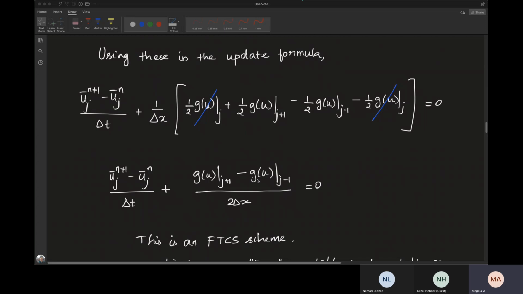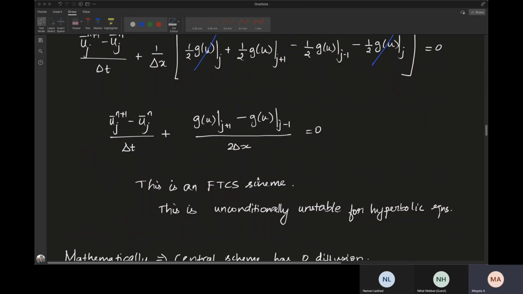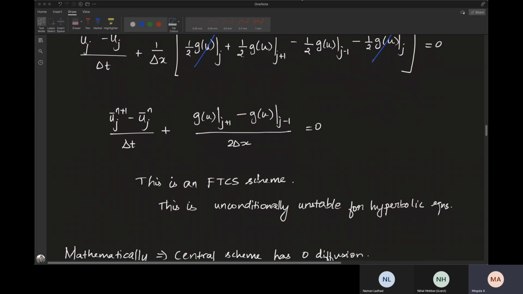Also, for the linear convection equation or any hyperbolic equation, the FTCS scheme is unstable. This is something we have seen earlier. We saw that the FTCS scheme is unconditionally unstable. That is, we cannot even put any conditions to make it stable. So always it's unstable, and there is no point in constructing such a scheme.